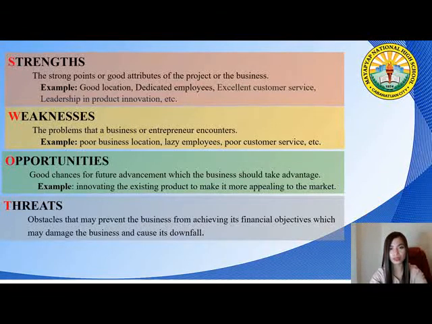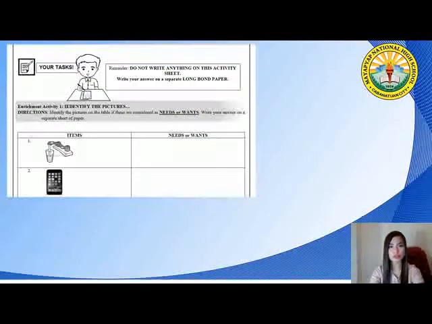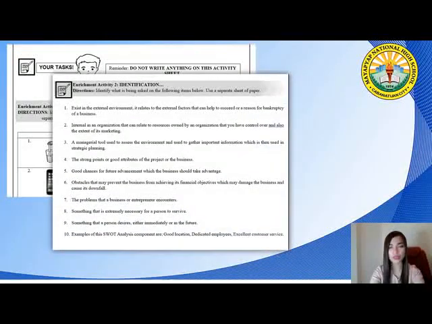At this point, turn your activity sheet to the enrichment part. Reminder, do not write anything on this activity sheet. Write your answers on a separate long bond paper. For your activity number 1, you will identify the pictures on the table if these are considered needs or wants. For your enrichment activity number 2, you will identify what is being asked in the following items.